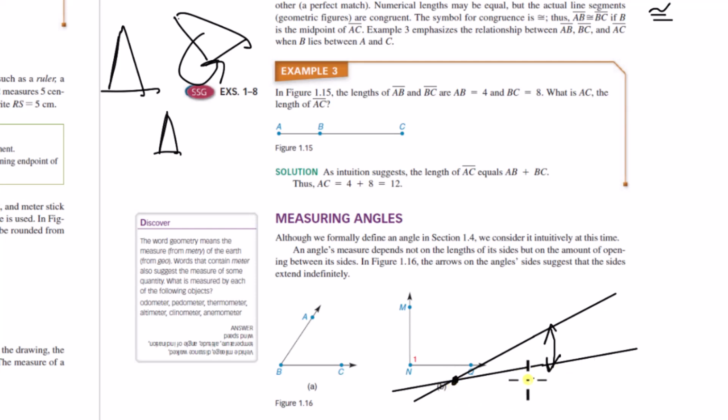And it's the amount of opening between those two straight sides that is what an angle is. So, okay, you cannot have an angle without a vertex and without two straight sides. And then I guess an opening between the straight sides. But I guess if there was no opening, that would be an angle of 0. But in general, there needs to be some sort of opening between the sides based on a rotation of those sides about the vertex.